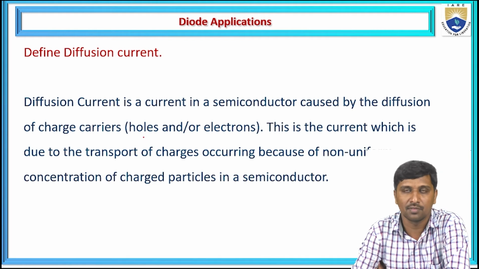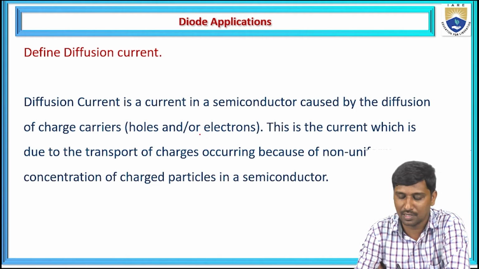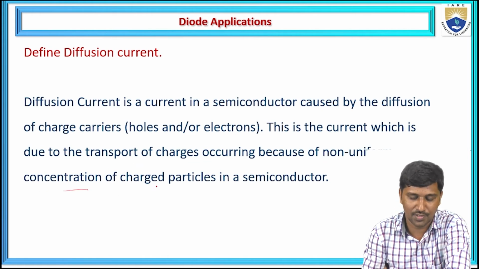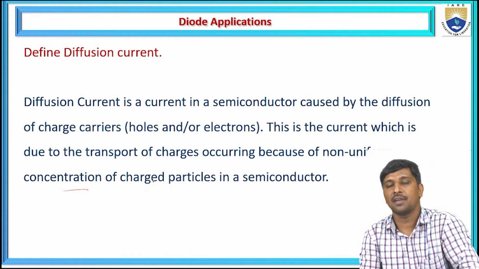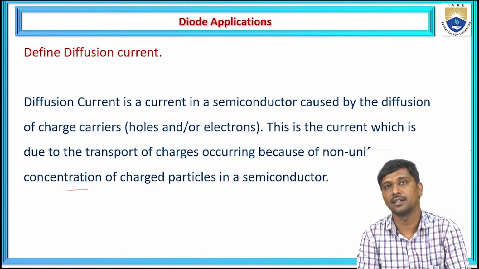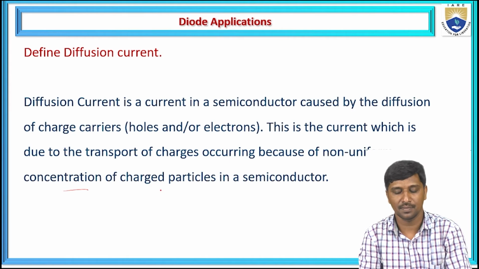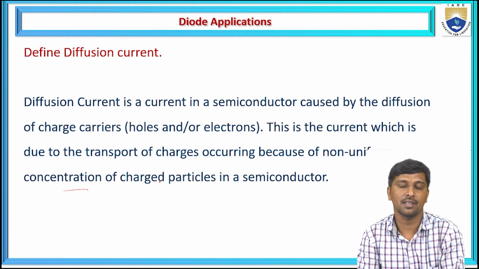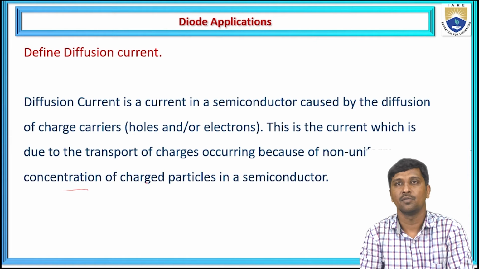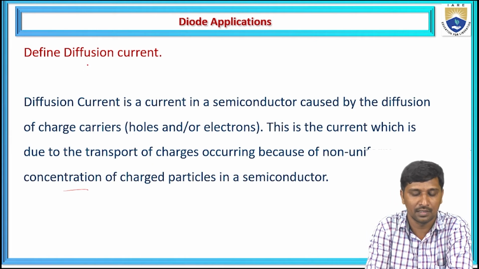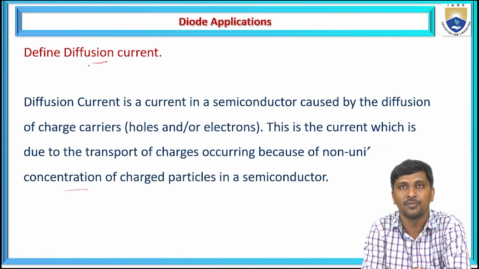The charge carriers are either holes or electrons. This is the current due to the transport of the charge carriers occurring because of non-uniform concentration of the charge particles. We have unequal dopings at the p side and the n side. Due to that non-uniform concentration, some of the charge carriers diffuse from one region to the other region, hence it allows conduction. That conduction is called diffusion current.